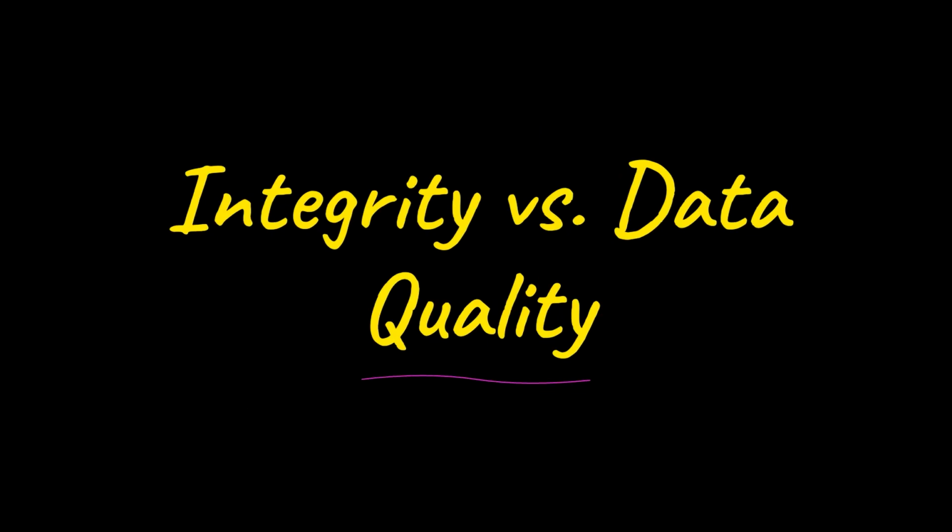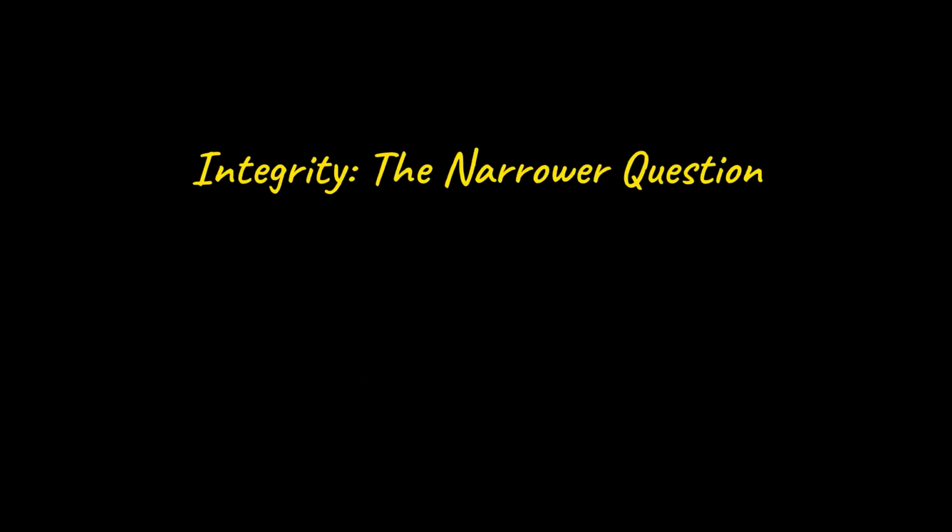Data integrity and data quality both ask whether data can be trusted, but they operate at very different scopes. Understanding the distinction is essential for anyone managing health information. Data integrity asks one specific question: has the data been altered or lost since it was correctly captured?